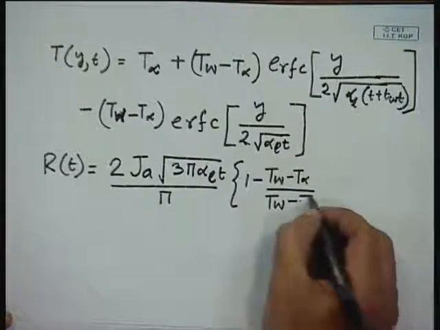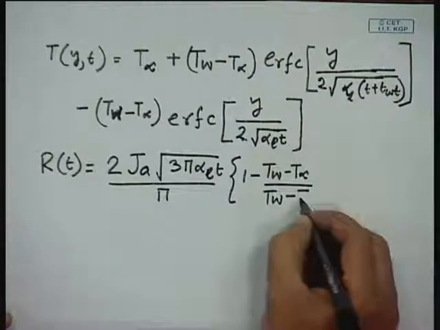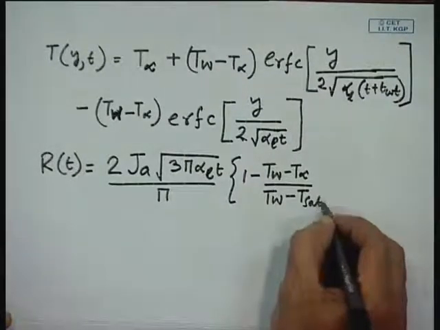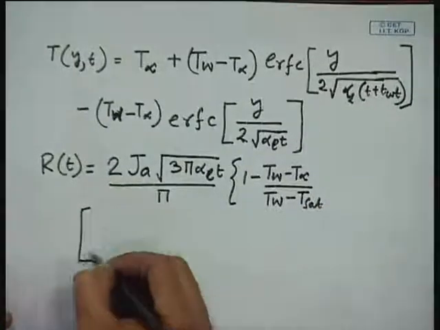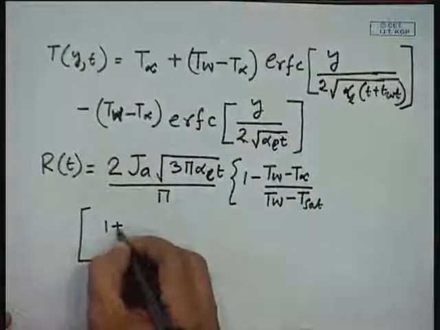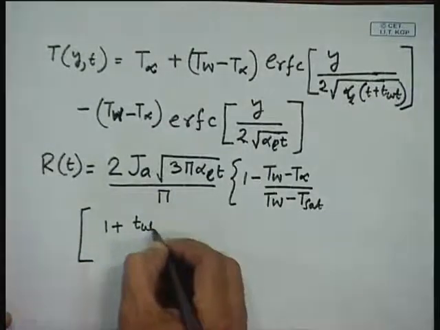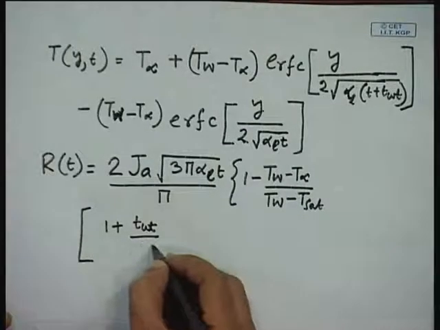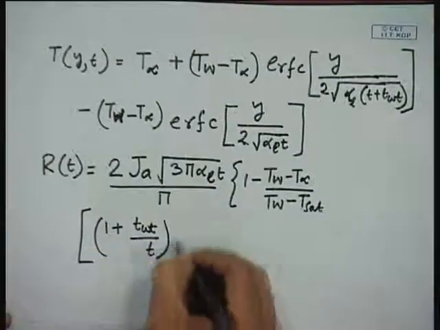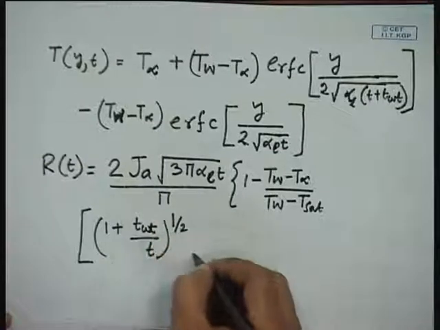So, all sorts of temperatures are important here, that means wall temperature, saturation temperature and the bulk liquid temperature, and with this the time is also important. This is the waiting time, the time at which we are interested to know the bubble radius.